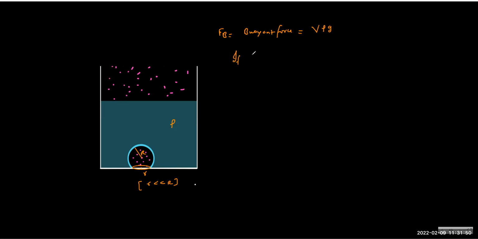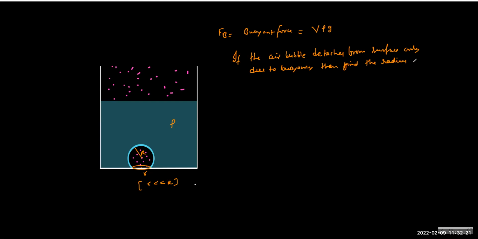So if the air bubble, we call it air bubble, not droplet, detaches from the surface only due to buoyancy, then find the radius of the bubble.